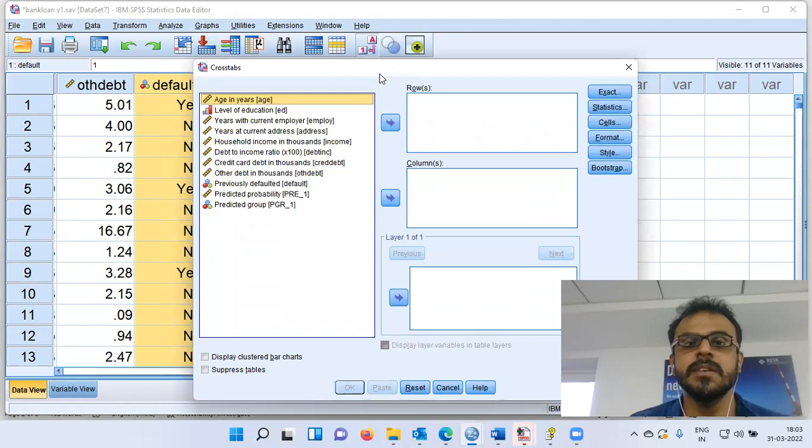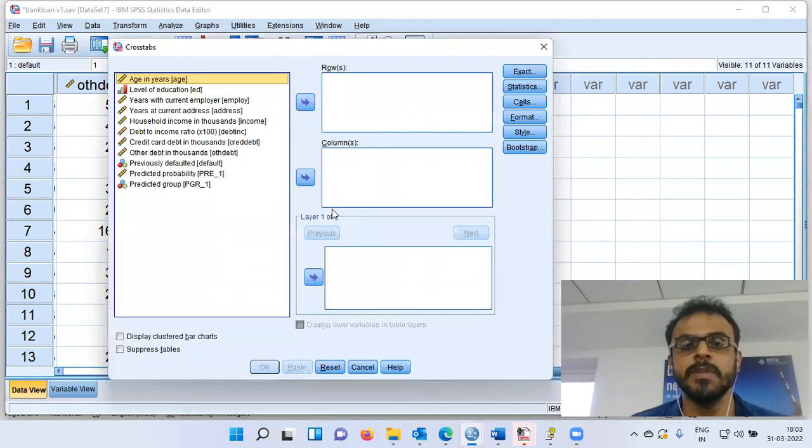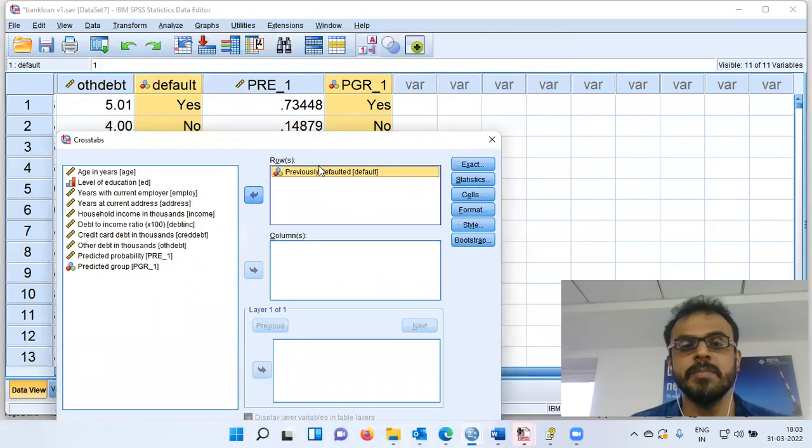It is asking me to specify the row variable as well as the column variable. The first variable that I will supply along the row is the actual category of default. Along the column, I will supply the predicted category.